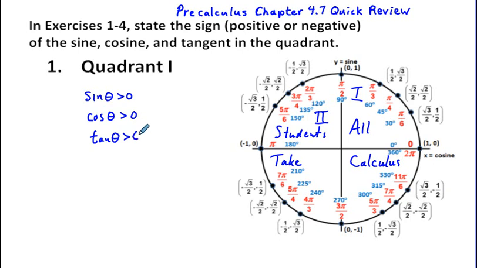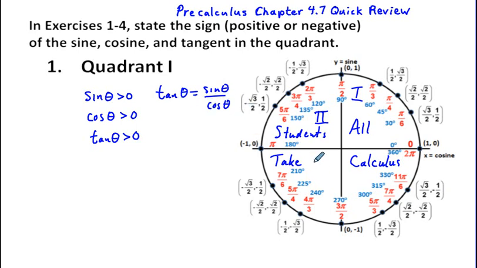How do we get tangent? Tangent theta equals sine theta over cosine theta.